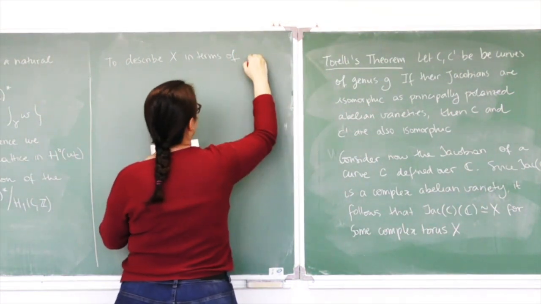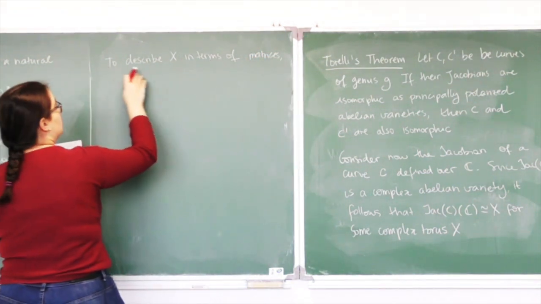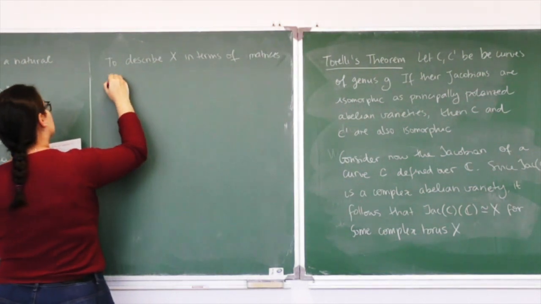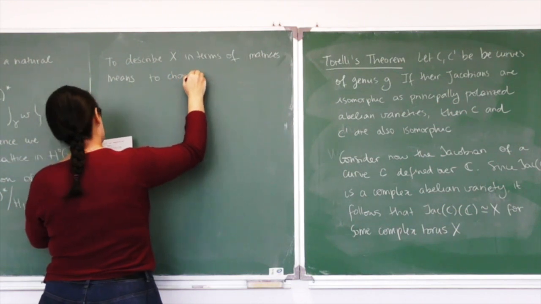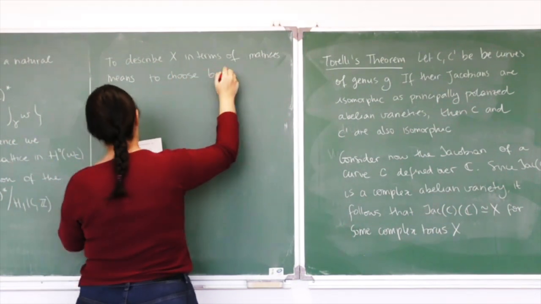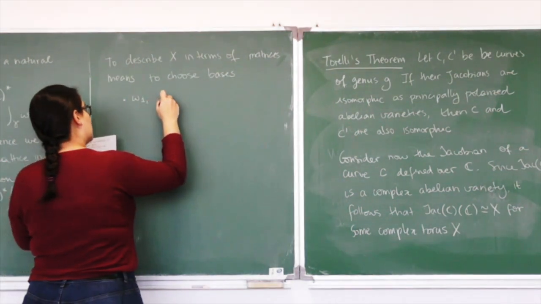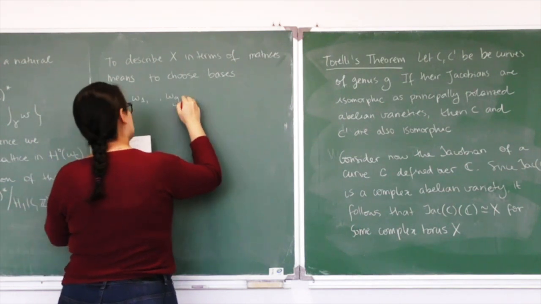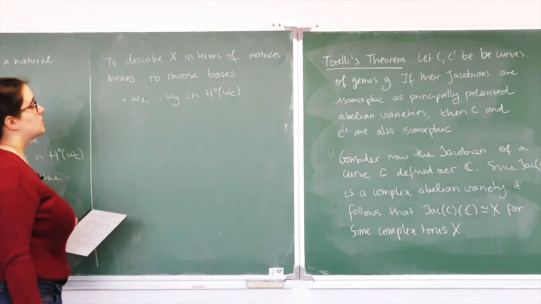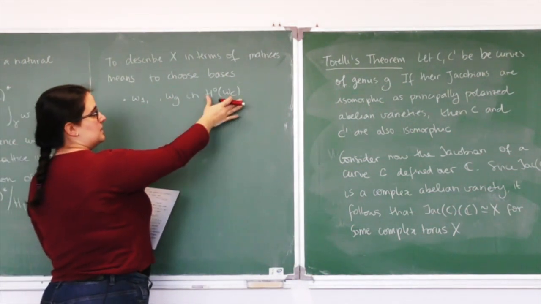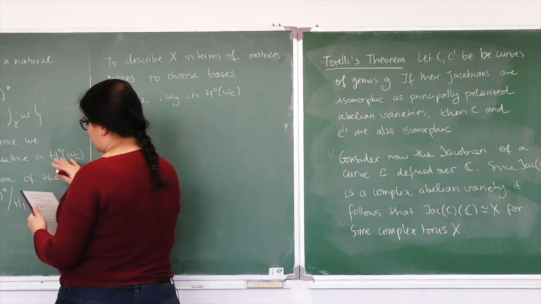It means to choose bases omega 1, ..., omega g in H^0 of omega C. So we can take the basis in the space of holomorphic differentials and then just take the dual basis of that to be in the right space.